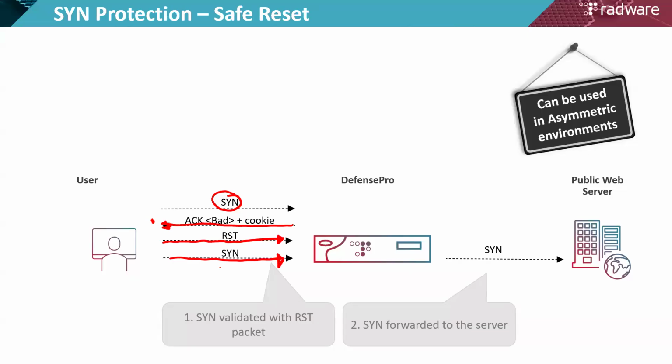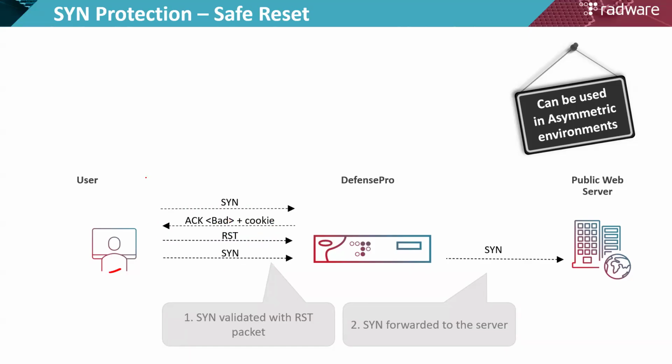This is what is defined in the RFC as well: when a SYN is sent and in response we get a bad ACK packet, the client is supposed to reset that connection and try to open a new connection with the server. This is how it should operate in a normal scenario.